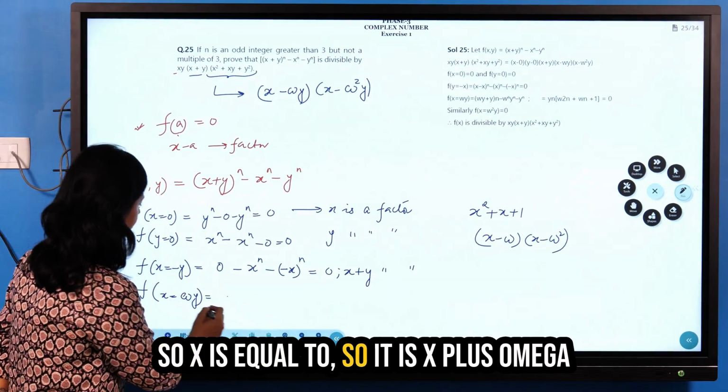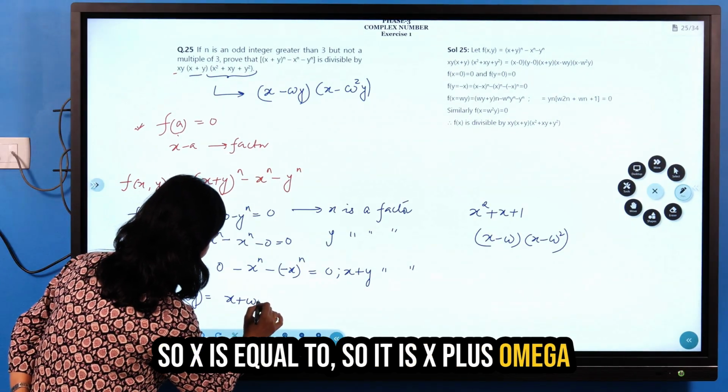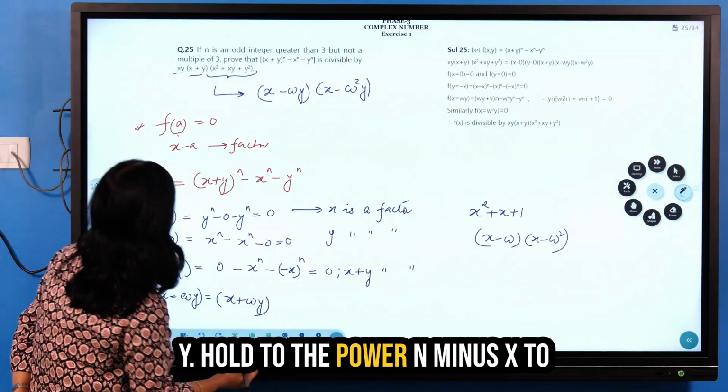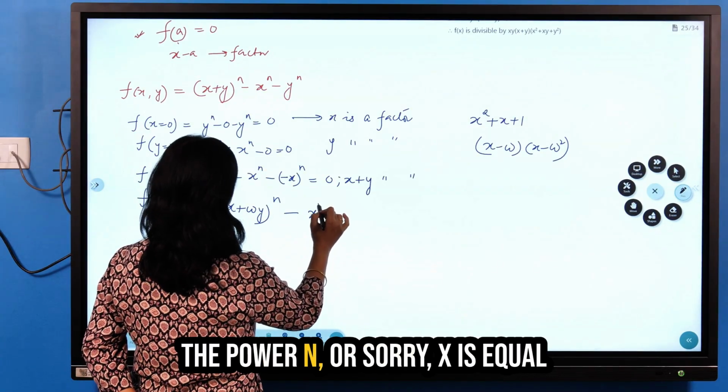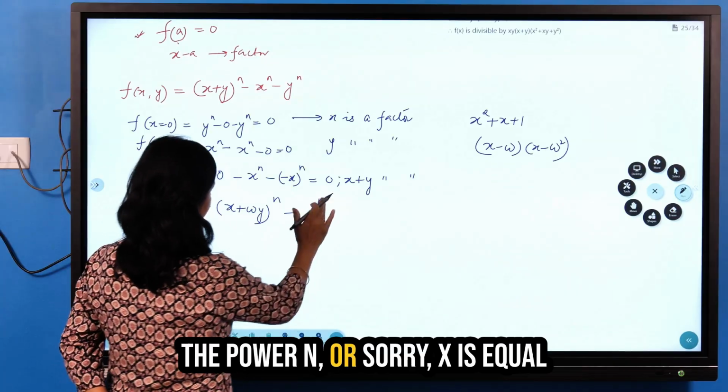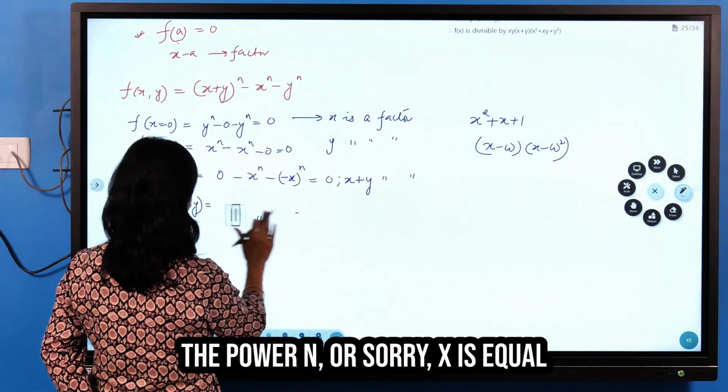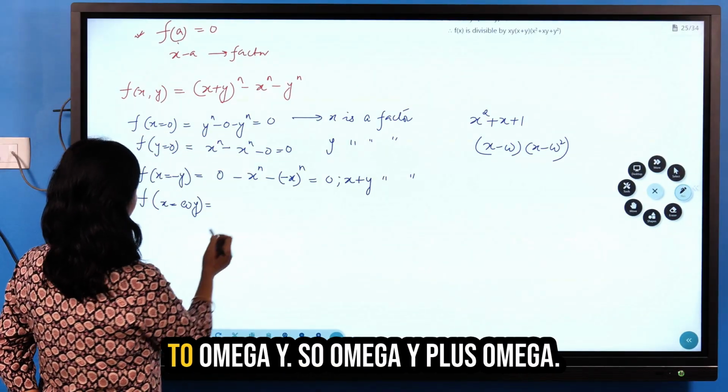So x plus y whole to the power n minus x to the power n minus y to the power n, where x is equal to omega y.